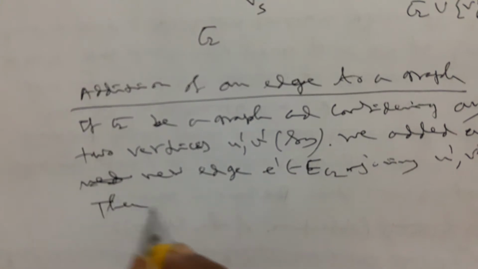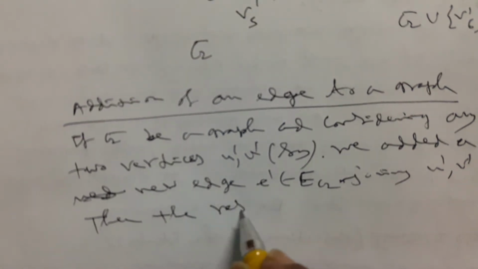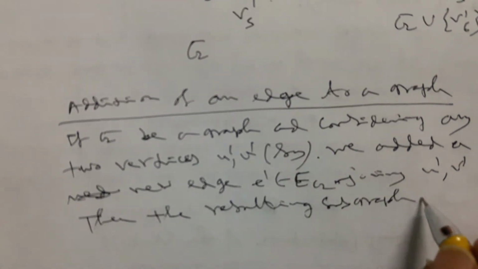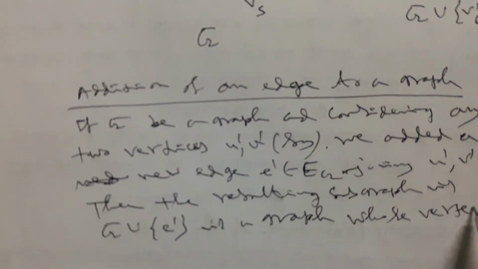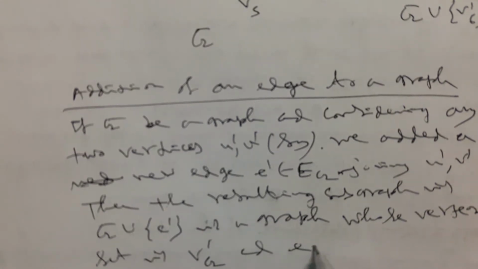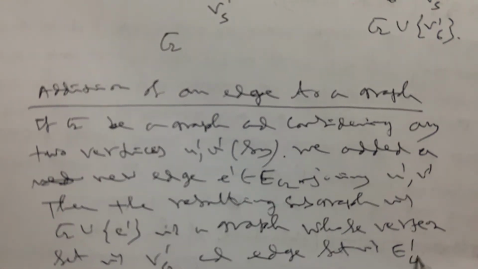Then the resulting subgraph G union E dash is a graph whose vertex set is V dash G and edge set is E dash G union E dash.